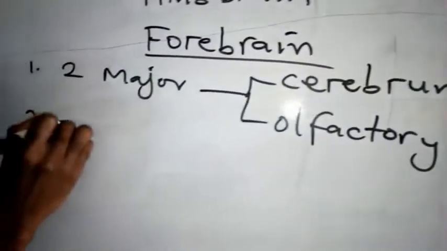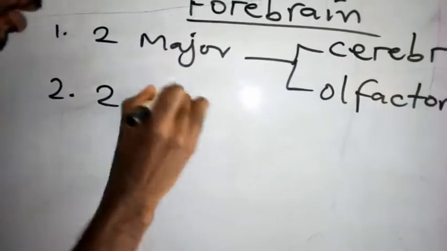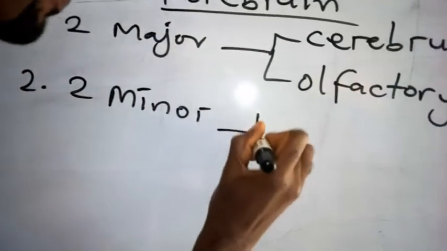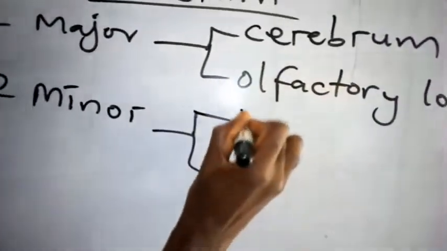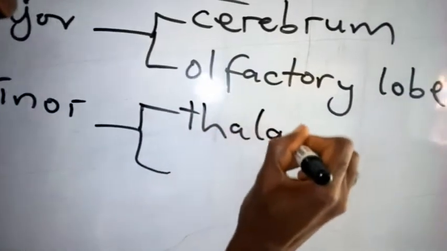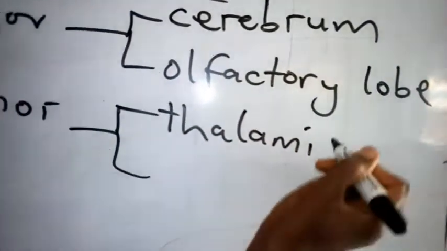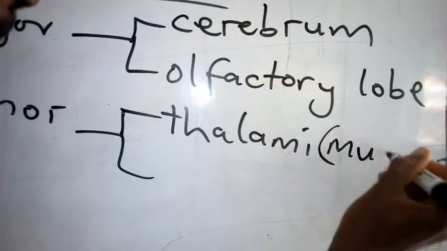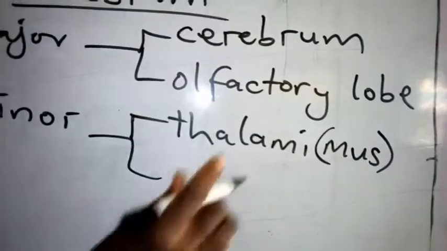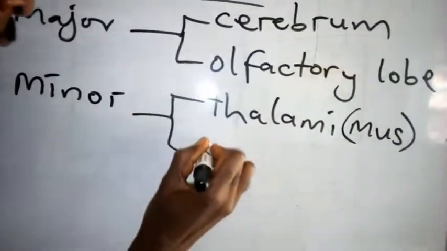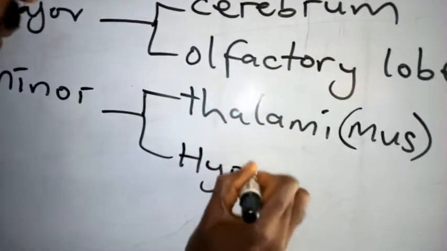Then the forebrain equally has two minor parts. The two minor parts are the thalamic. You can call it thalamus for singular, thalamic for plural. Then we have the hypothalamic.